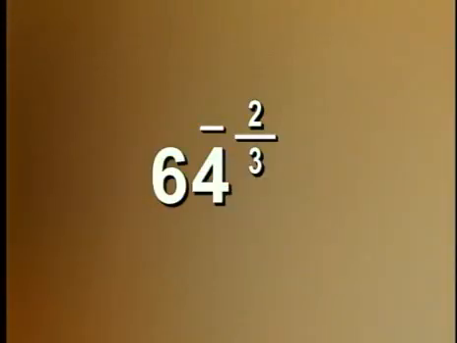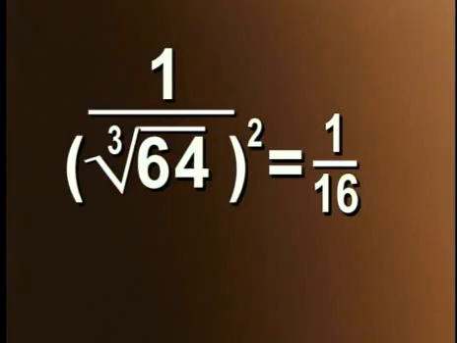The negative says take the reciprocal. The 2/3 power says we're going to raise it to the second power and take the cube root. So the first thing we're going to do is take the reciprocal. 64 to the negative 2/3 is 1 over 64 to the 2/3. But 64 to the 2/3 is the cube root of 64, and then we square it. The 2 in the numerator, the 3 in the denominator of the fractional power. 1 over the cube root of 64 squared.